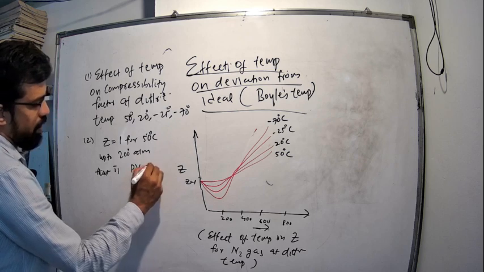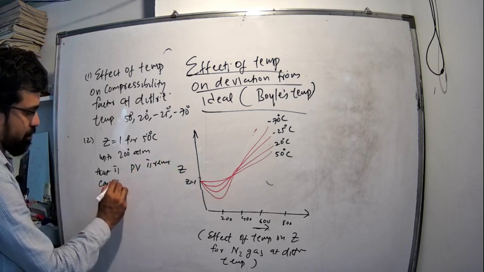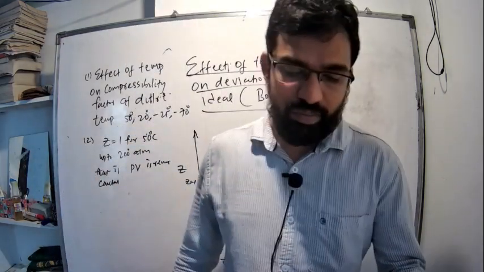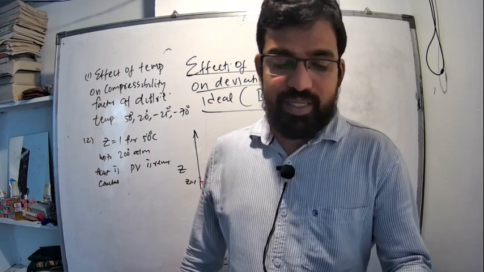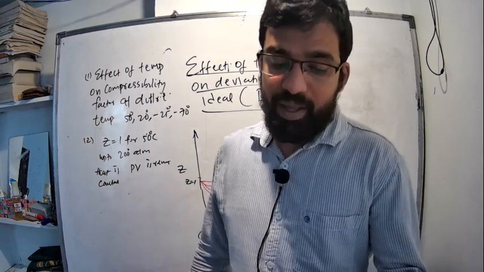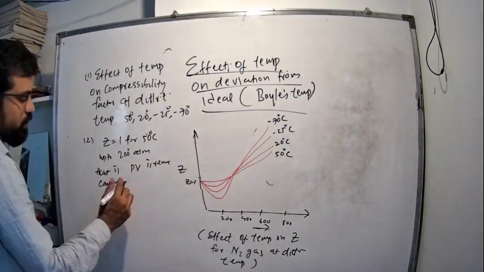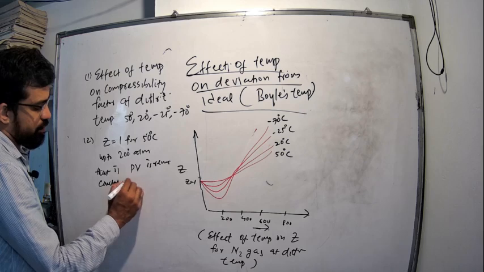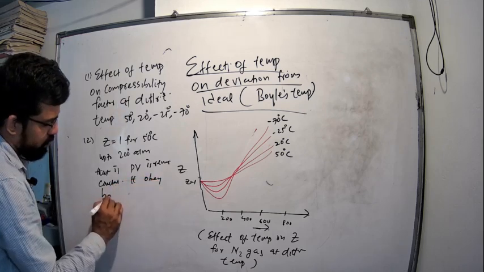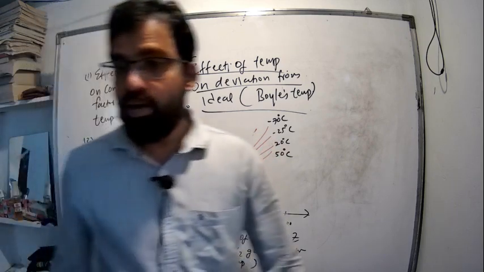So PV remains constant, that is, it obeys Boyle's law.